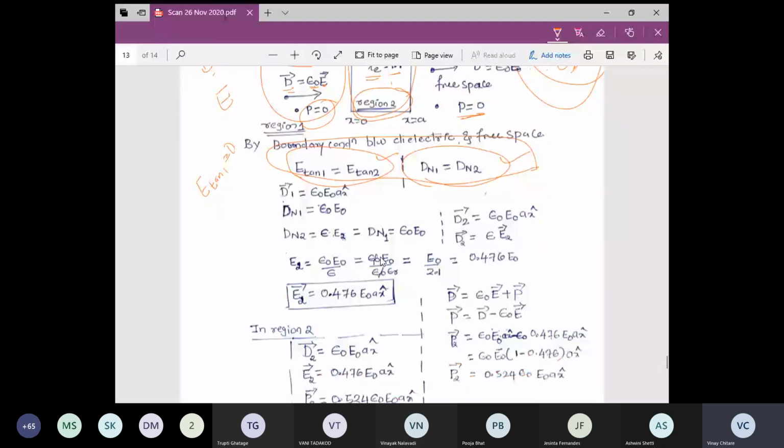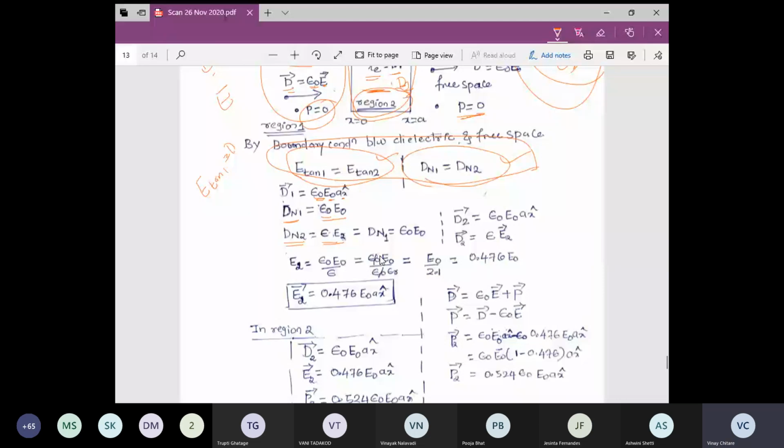We know D1 is given here, which is epsilon naught E naught a_x hat. You can see that Dn1 is epsilon naught E naught. Inside this Teflon, region 2, I can say that Dn2 should be equal to epsilon times E2. Here the fields are D2 and E2.